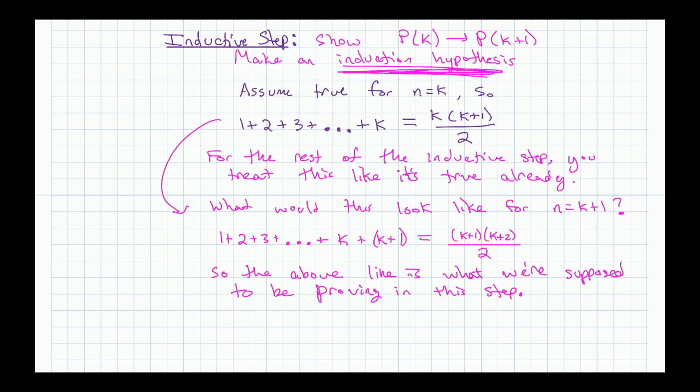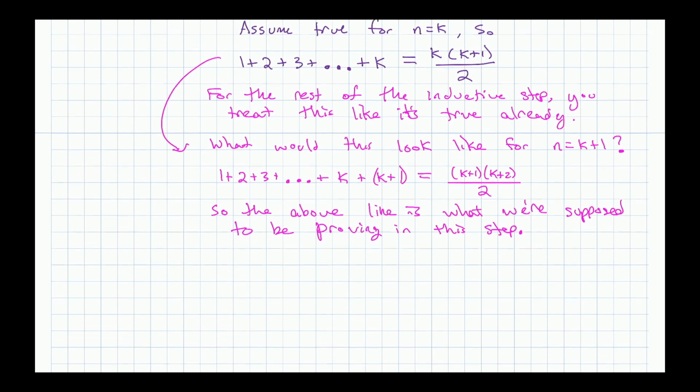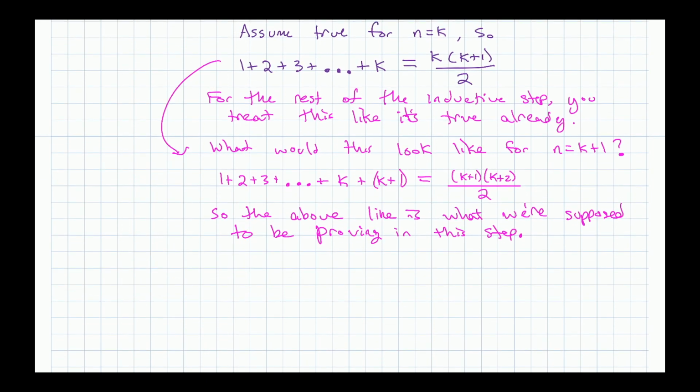So again, all of the pink is not necessary. It's just to tell us what we should be doing. So you kind of do it in your head. What you should be doing is looking at this left-hand side and saying, okay, I've got this. Now this entire line is true. Why is it true? Because we assumed that it was true and we get to pretend as if it was true. Then you need to say, how would I be getting from this line to this line?